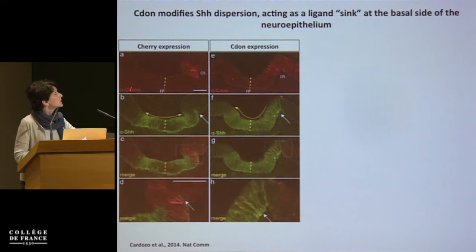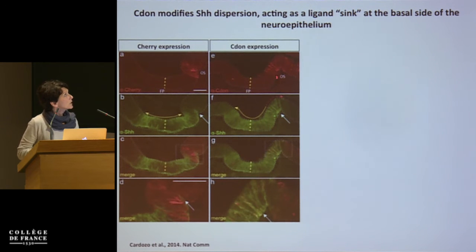And what they did is taking the optic recess region of the chick, where sonic hedgehog is expressed with a very symmetric pattern, as you can see here with antibodies against sonic hedgehog, and electroporate in the region close to the sonic source either just cherry protein or Kedon protein, and then analyzed the dispersion of sonic hedgehog in the region.